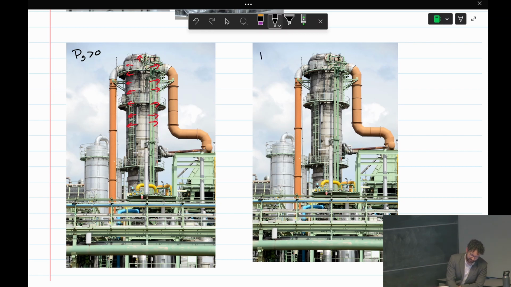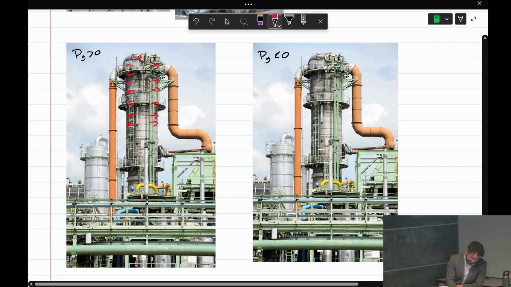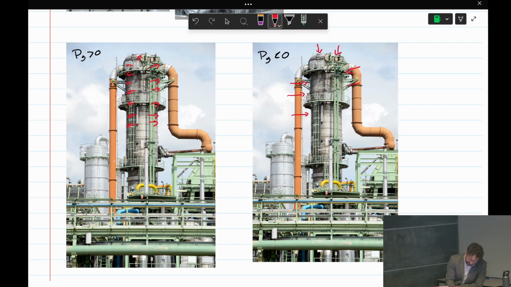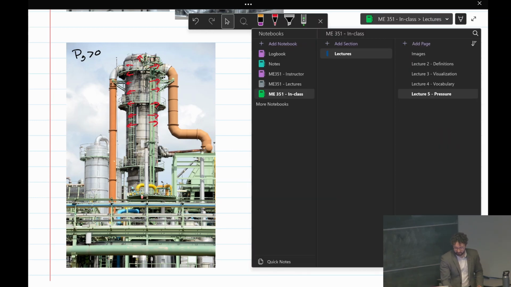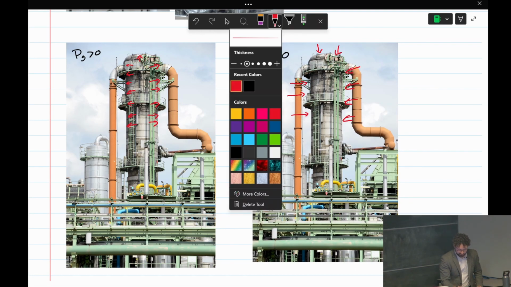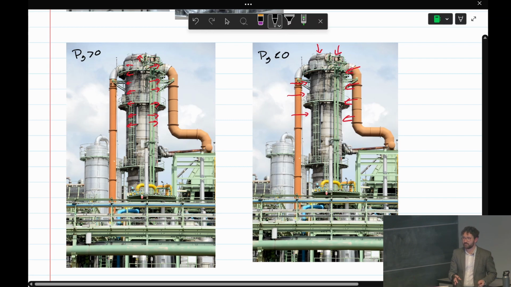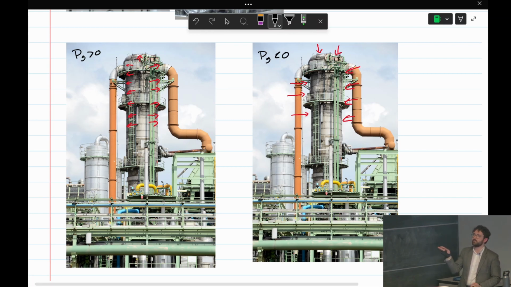But if the gauge pressure is below zero, the net forces are like this. So the net force distribution on this would be sort of causing this to buckle or collapse. The difference between these two cases is so important that there are totally different codes that govern whether the vessel operates under positive or negative pressure.